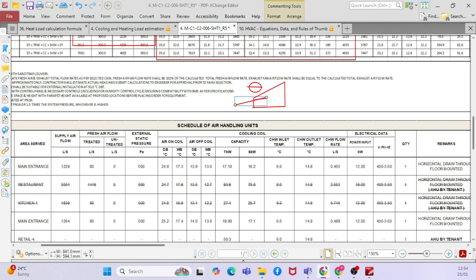There is an equation for power consumption, and we can see how to calculate the power input based on the electrical equation. You can calculate the electrical load. This is the way you can prepare the equipment schedule for AHU or FCU or whatever it is. Hope everything is clear. So based on that, you can practice in the app.